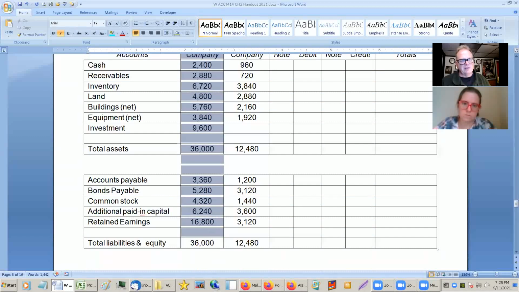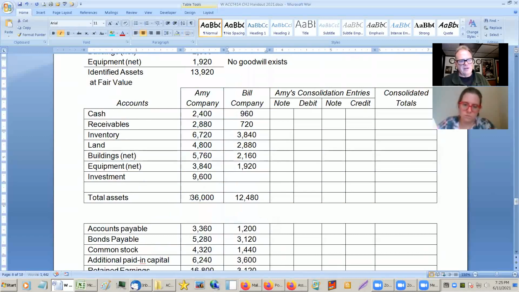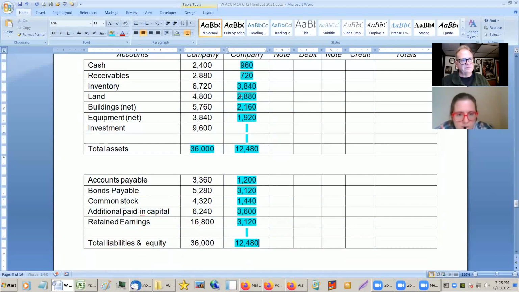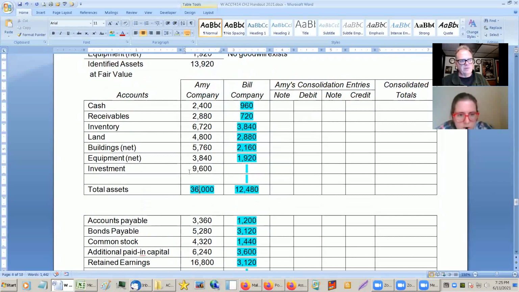Amy bought Bill, and just to let you know, this Bill here is the same as all of this. Oops, that's not Bill. This is Bill. So if we just smash them together, we're going to double count Bill. We're going to have an investment of 9,600 plus all Bill's stuff, so we eliminate this investment. We'll get into that next week.